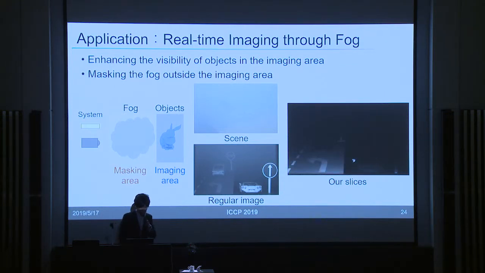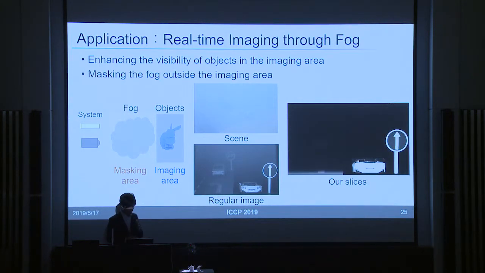For example, setting the imaging area on the road surface, we can image the entire left turn symbol. By increasing the exposure, we can image more of the scene, such as both the sign and the car.